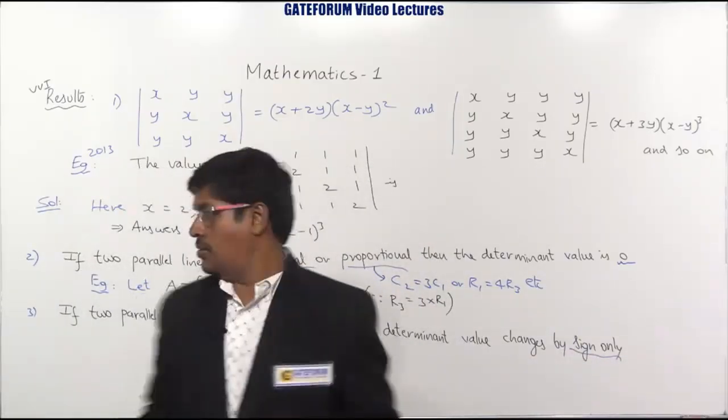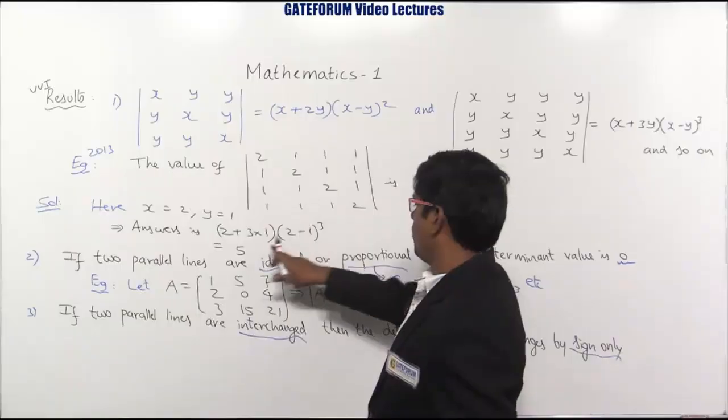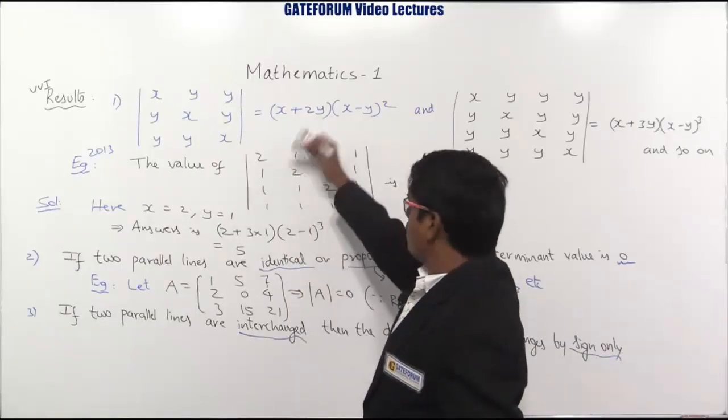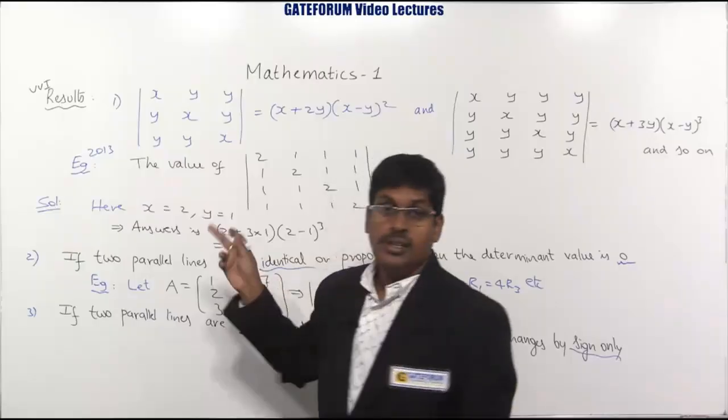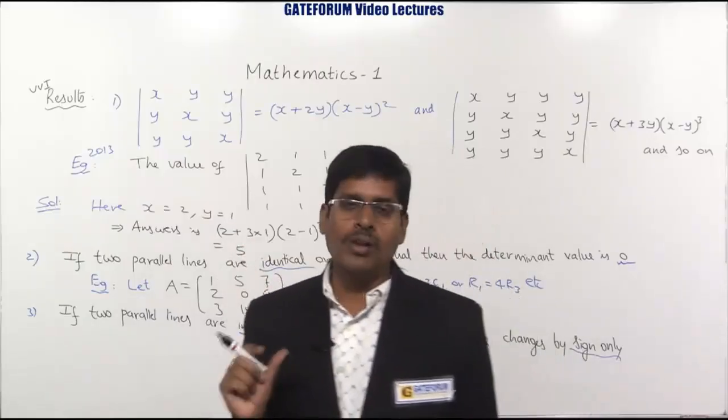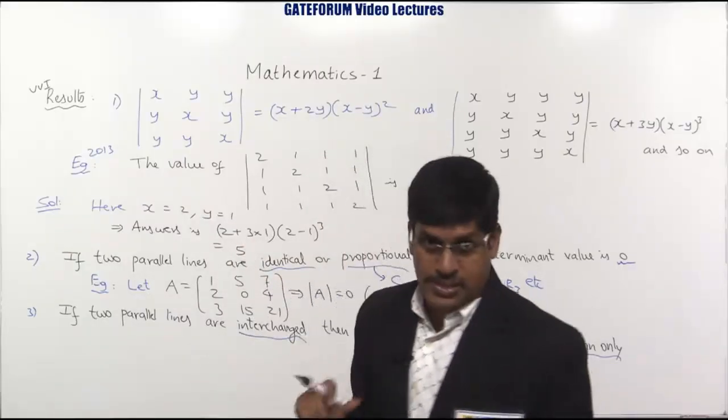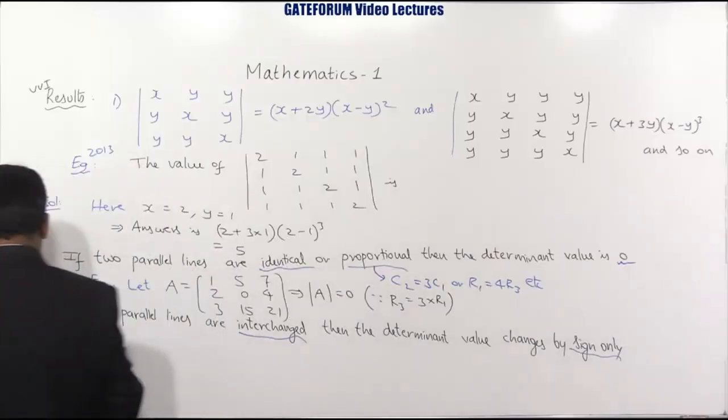For example, in this case, how much is the determinant? 5. If you interchange the first row, second row, or third column, fourth column, you will get the answer 5, but with a change of sign. Sign only means plus becomes minus, minus becomes plus originally. Say example.